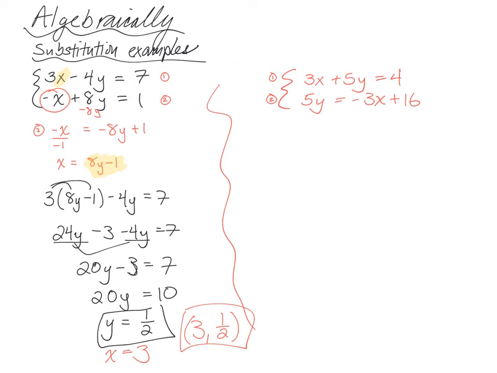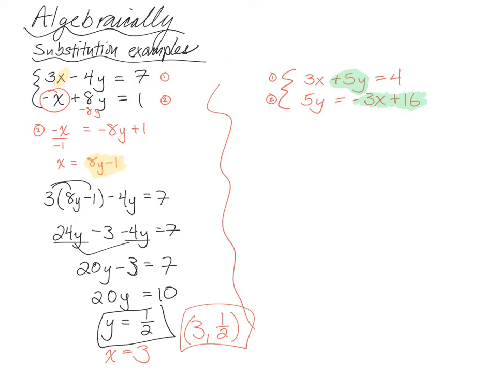But since I see a 5y here, what I can do is substitute this negative 3x plus 16 in place of the 5y, because that's exactly what 5y is equal to. I have 5y equal to all of this, so all of this can be substituted in for 5y. That's pretty nice. We don't have to deal with any fractions this time.